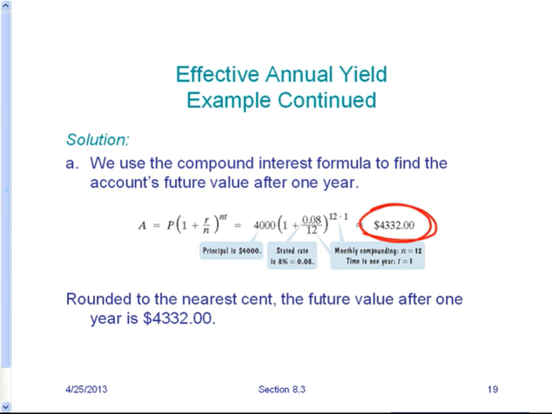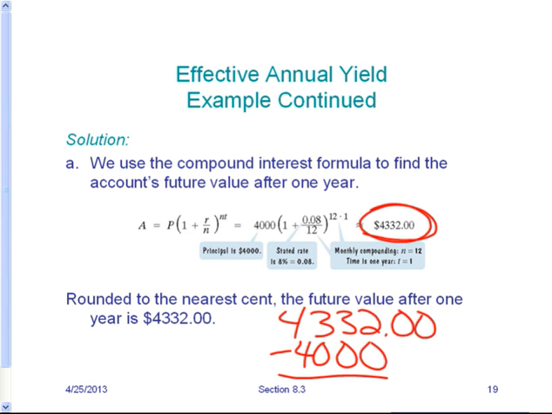So how much of that was interest? Well, I deposited $4,000, but I have $4,332 in the bank. So I've got $332 just in interest. The question is, how could I get $332 of interest if all I were getting were simple interest?